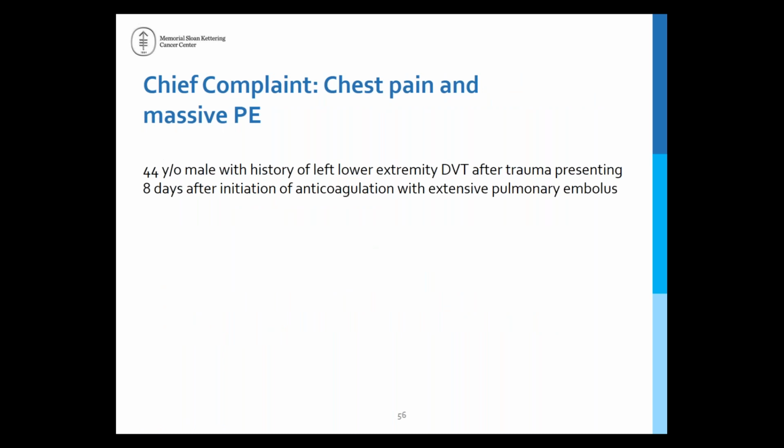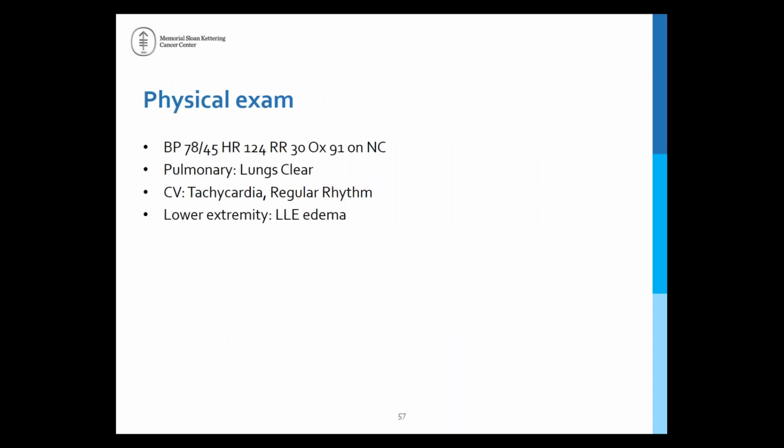This is a case of a patient I had with chest pain and massive PE. The patient is 44 years old, had left lower extremity DVT. On physical exam, you'll notice that the blood pressure is 78/45. So right there, a patient with PE with this blood pressure, that's a massive PE.